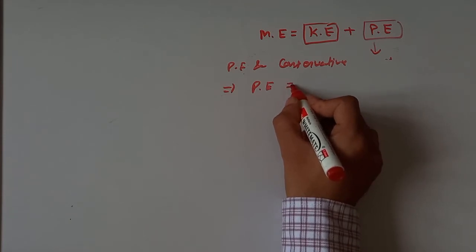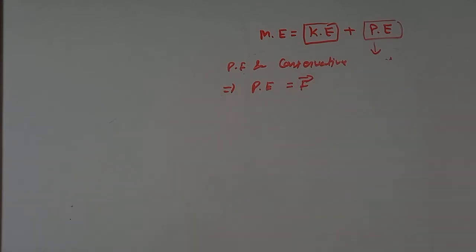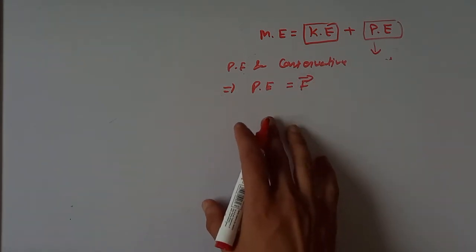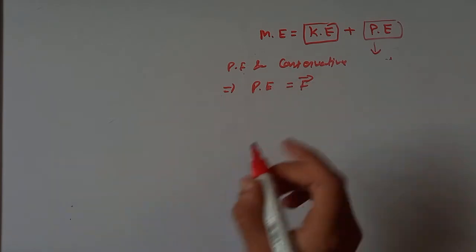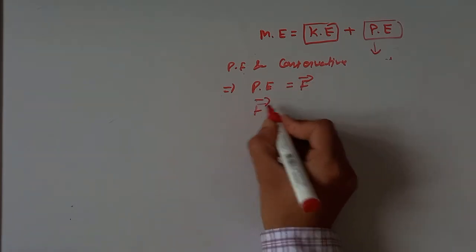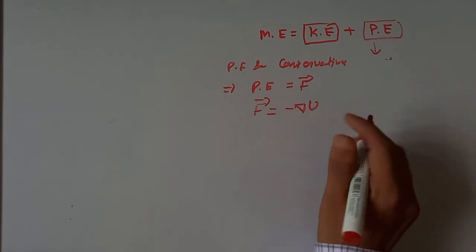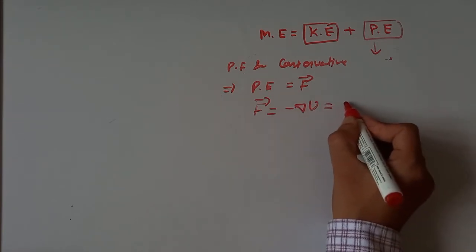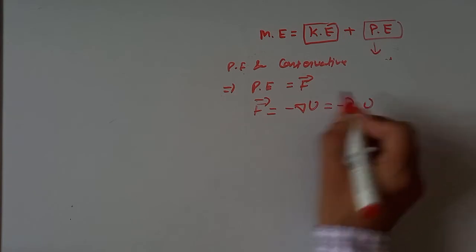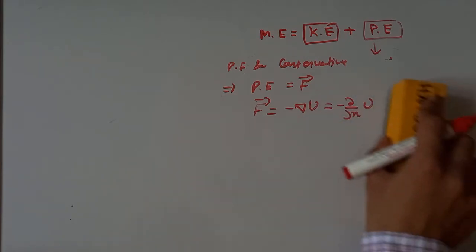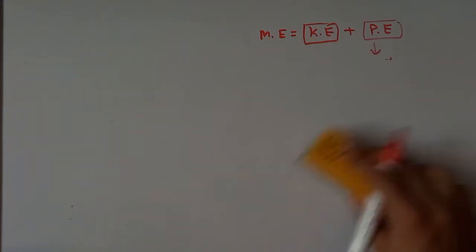Relation between conservative force and potential energy function: F, the conservative force, is equal to minus del of U, or you may write it as minus ∂U/∂x. This is the relation between potential energy function and conservative force.